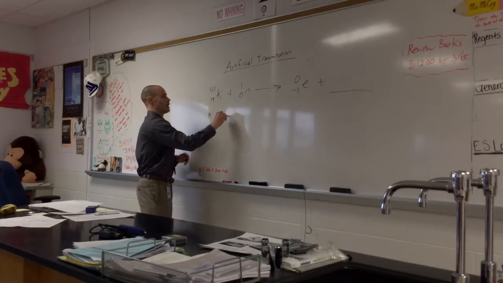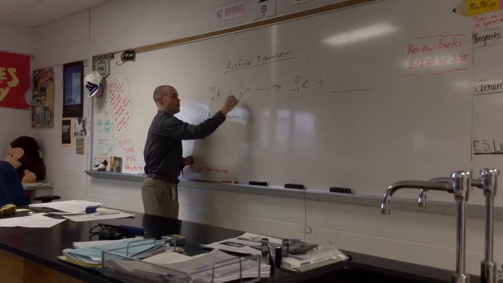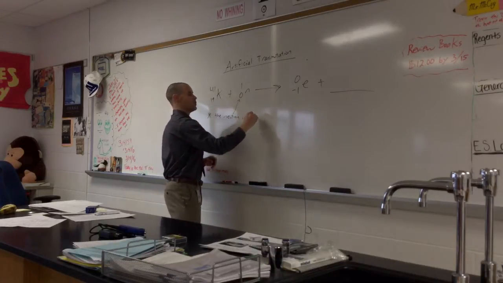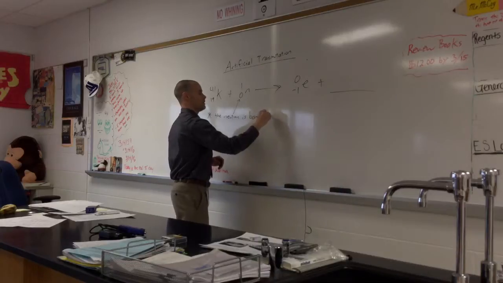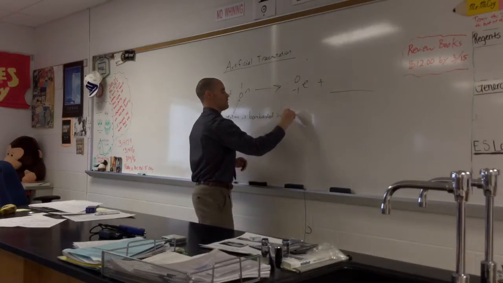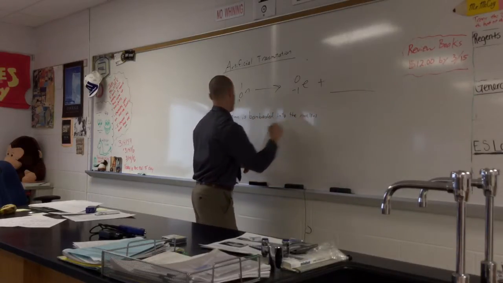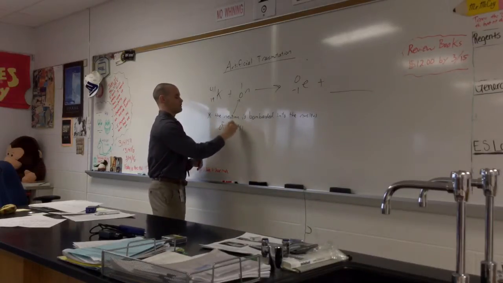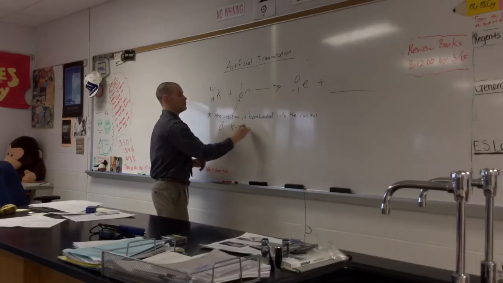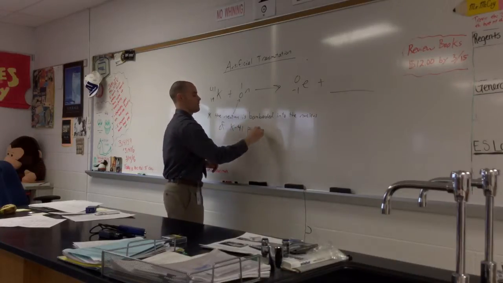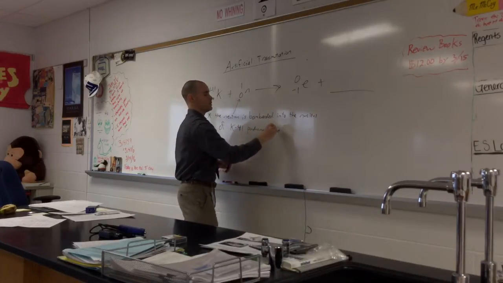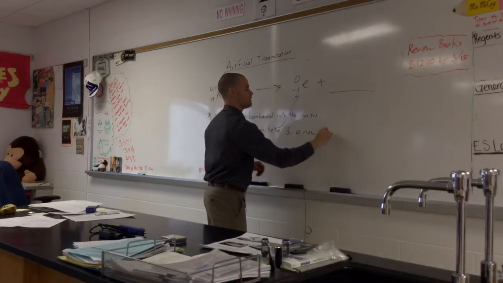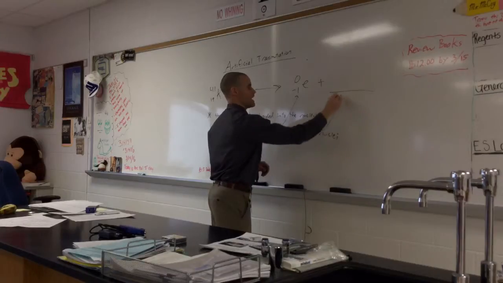The neutron, so that neutron right there, 1 over 0n, the Regents will use the word bombarded into the nucleus of K-41, producing beta, which is that, and a new nuclei, which is that.